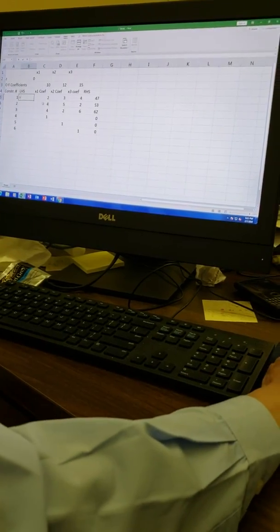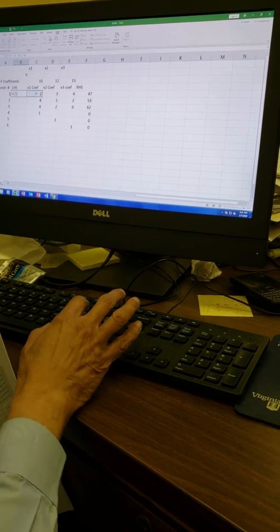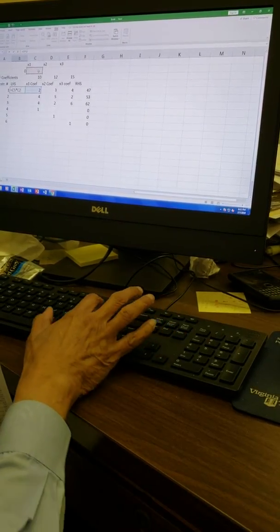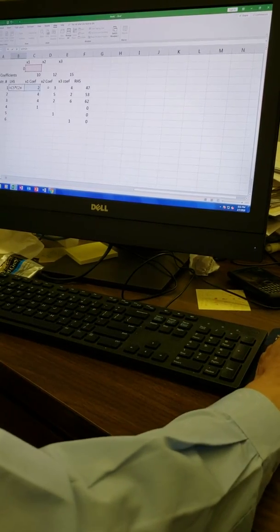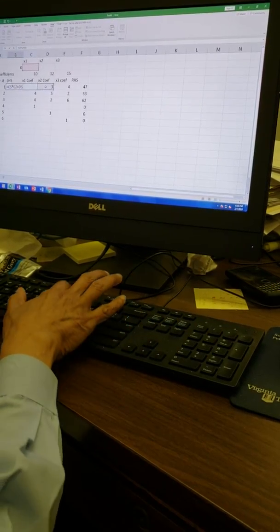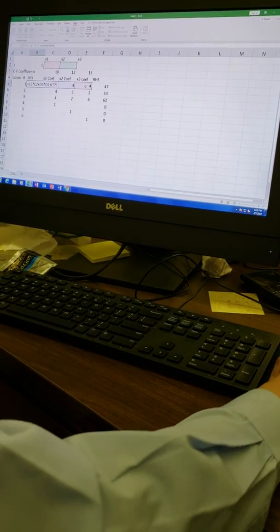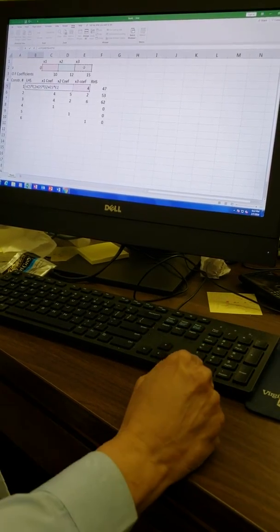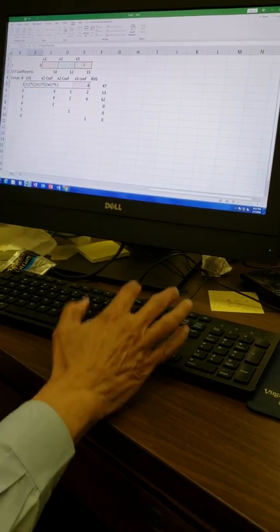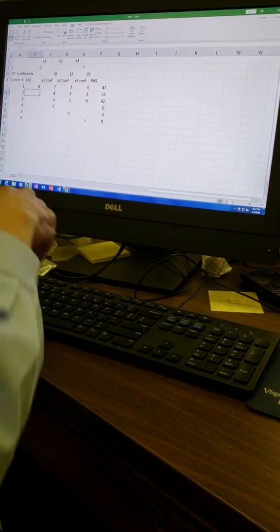So 2 times x1 plus this multiplied by this plus this multiplied by this. Similar to the objective function. Then enter.